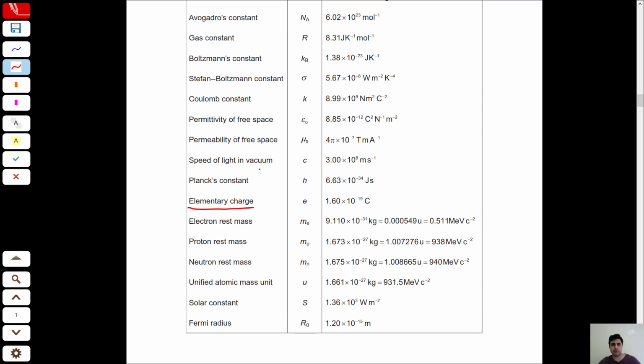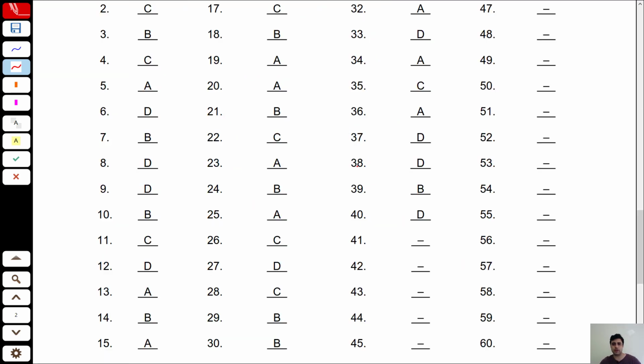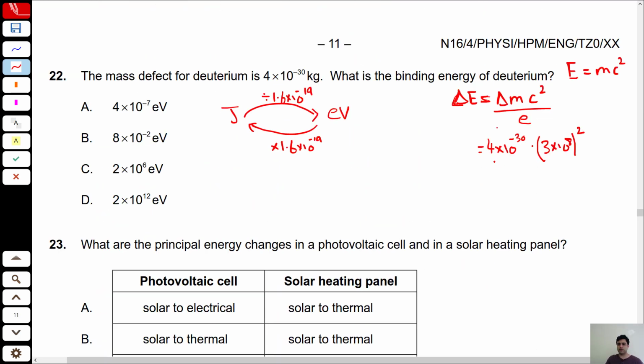There it is. Speed of light in vacuum, 3 times 10 to the power of 8. Square, and then divide by the elementary charge, which is 1.6 times 10 to the power negative 19. Alright, now we have to use some mathematics there. It's going to be 4 divided by 16.